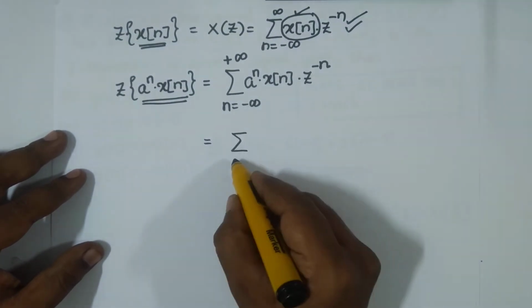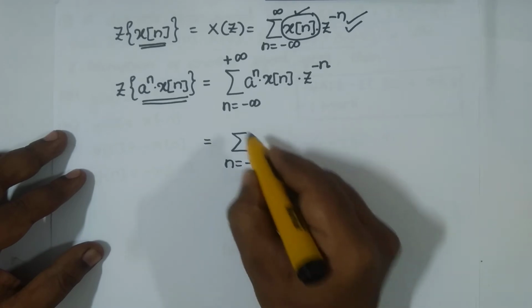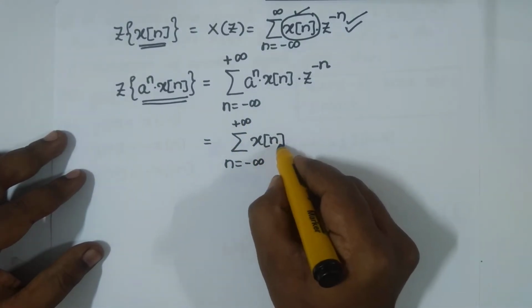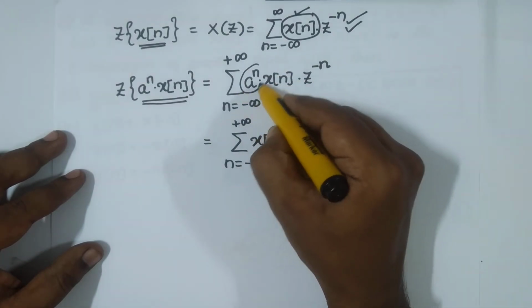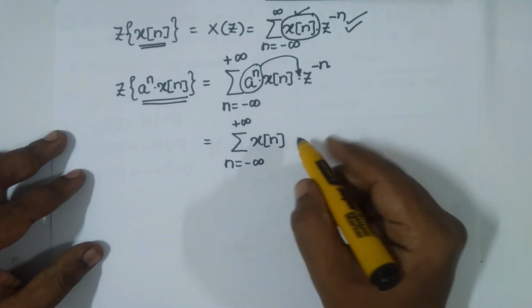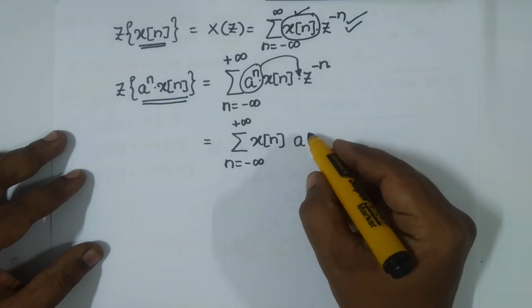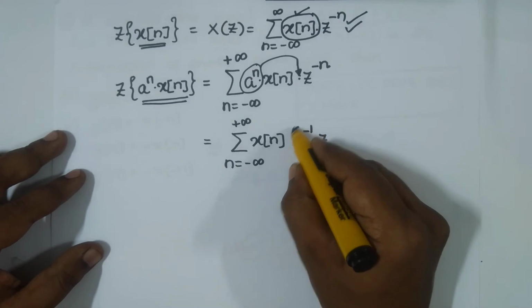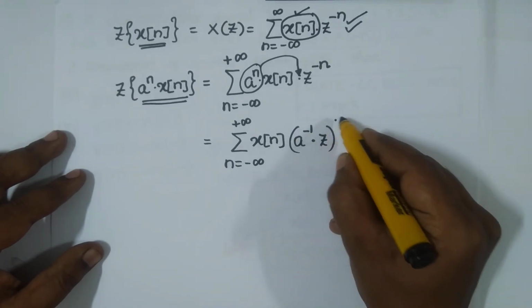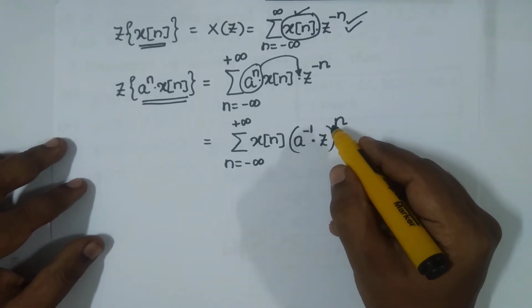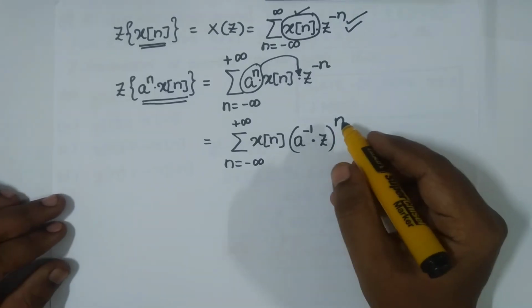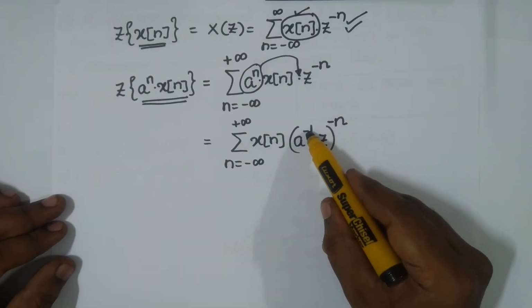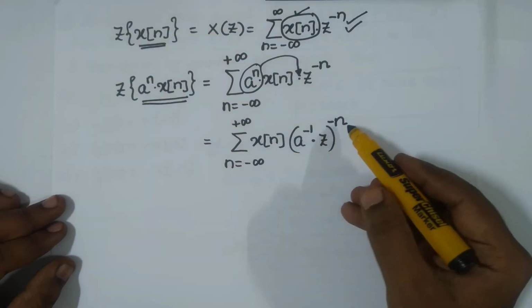So how do you do this? Sum over n equal to minus infinity to plus infinity, x of n. Let me modify this as follows: I take a inverse z whole power minus n, because minus 1 multiplied by minus n is positive n.